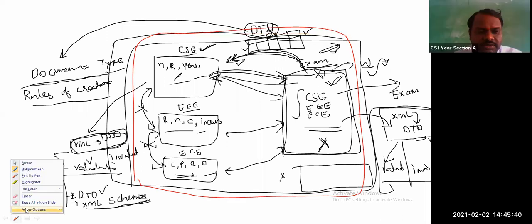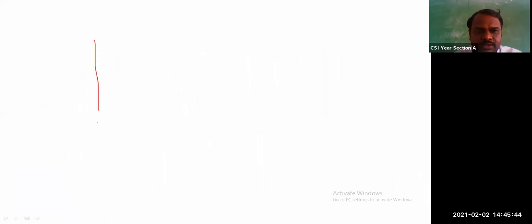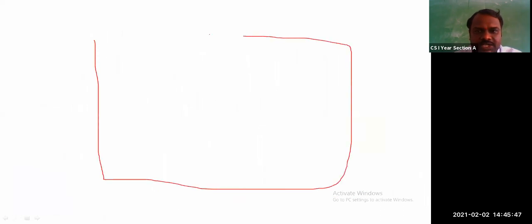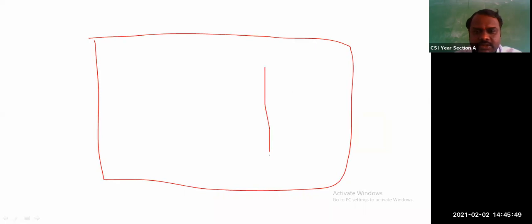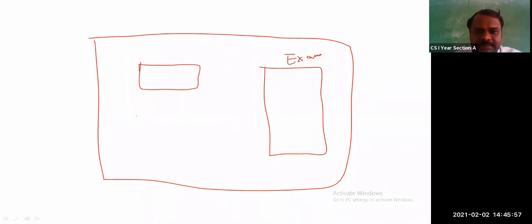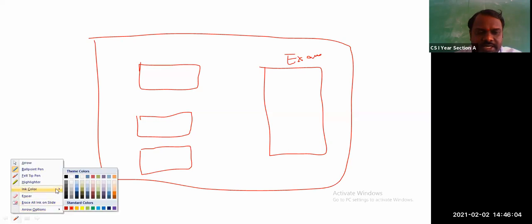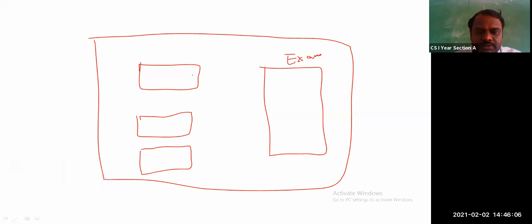So I will tell you simply in one step, understand this one. This is the organization. This is the exam branch, and these all are departments. First, these departments will give their student data to the exam branch.